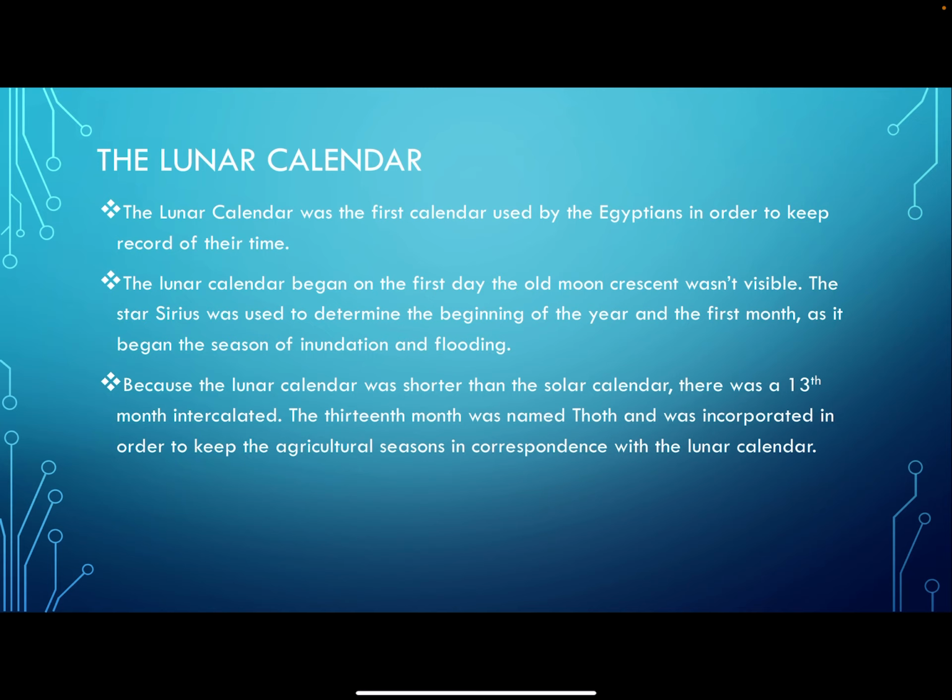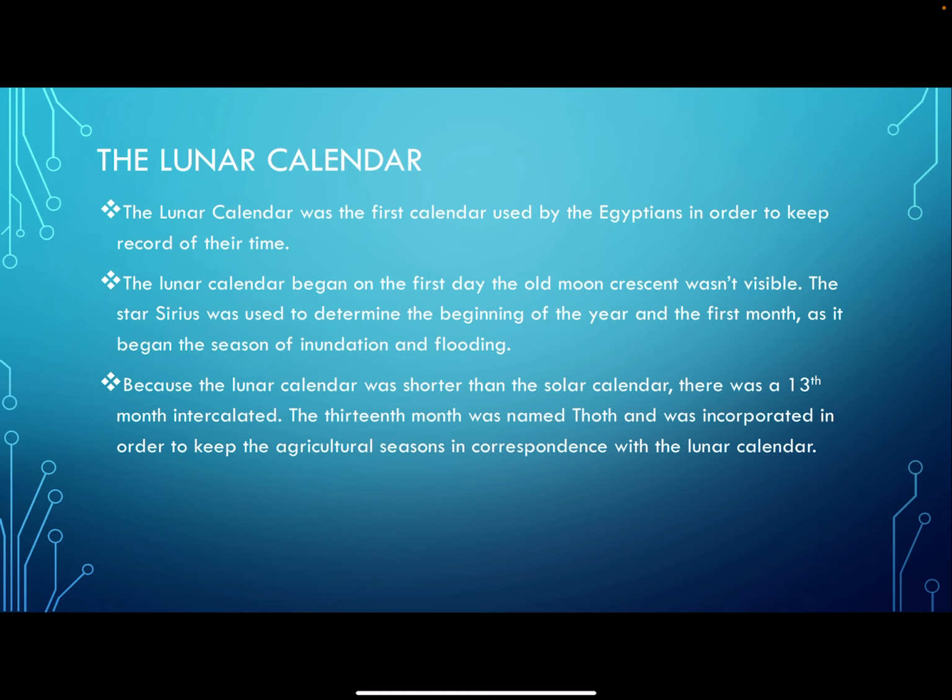We see the rising of the exploration of astronomy, like the moon, the stars, astrology that we continue to see in pop culture, for example, such as zodiac signs, and understanding how each moon, I guess, or each planet has an effect on just everyday life. The lunar calendar began on the first day of the old moon crescent, when it wasn't visible.